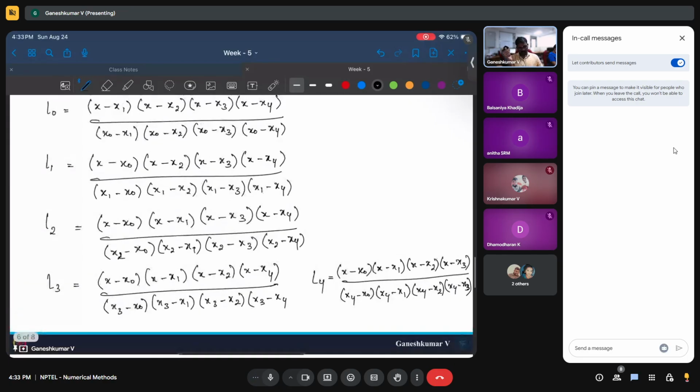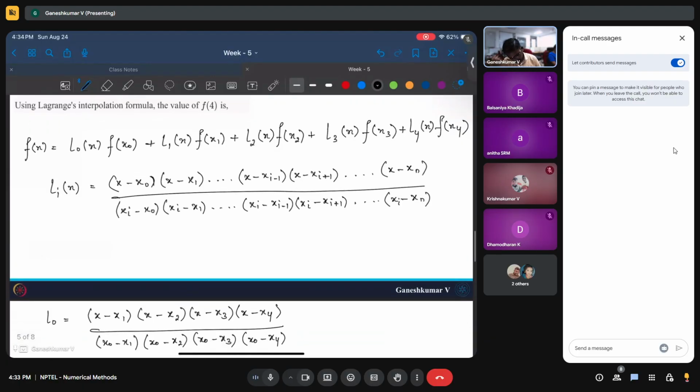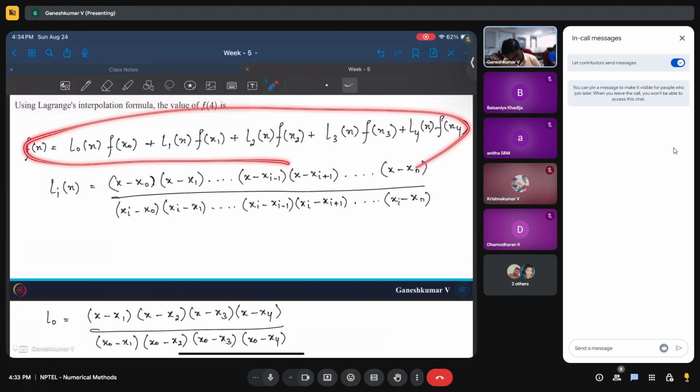Okay, so for each and every data point you need to write this coefficient, and then you can substitute that in this polynomial.